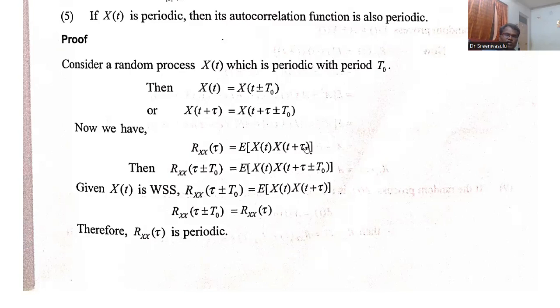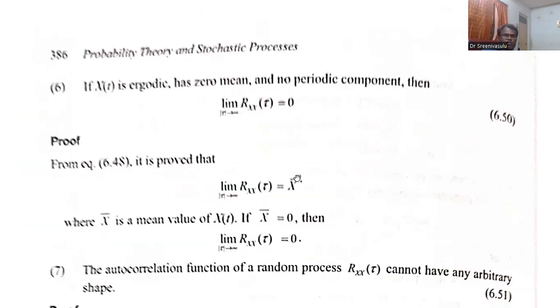Already we have seen the condition: x of t plus tau is equal to x of t plus tau plus or minus t naught, because of periodicity. Then Rxx of tau plus or minus t naught is equal to Rxx of tau. That is the difference between no periodicity and periodicity. With no periodicity, it is an independent component.